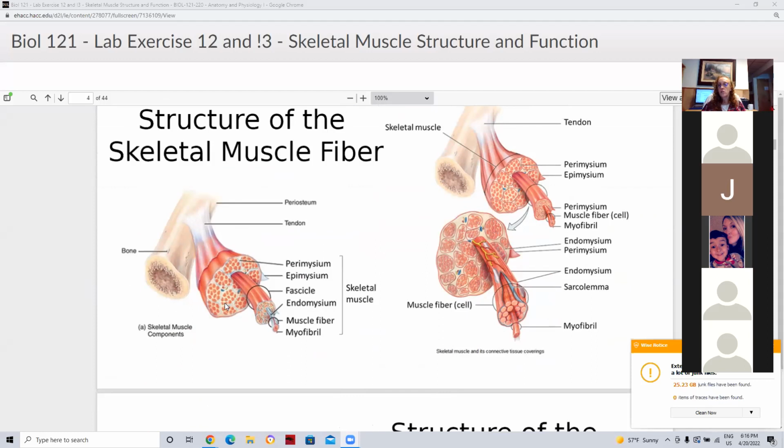So these are two figures coming from the lab manual, showing the same thing in a slightly different depiction. Perimysium wrapping around the bundle of fascicles.